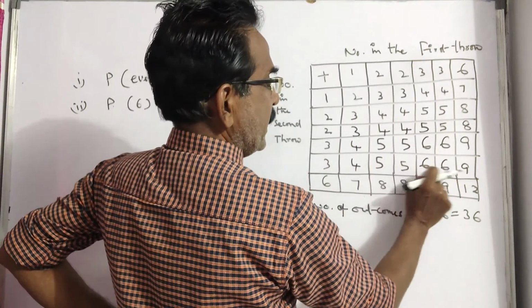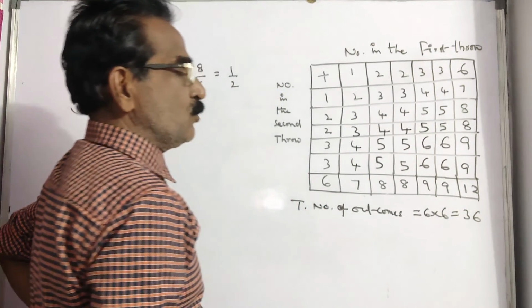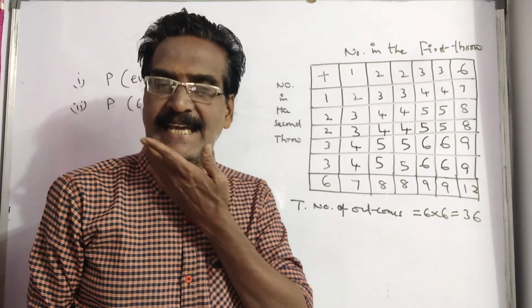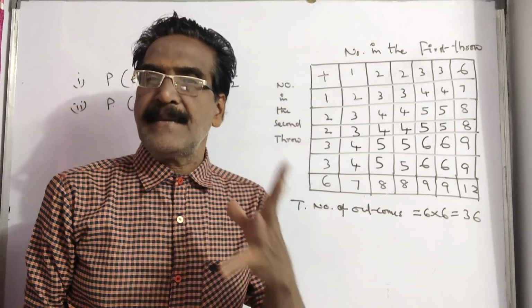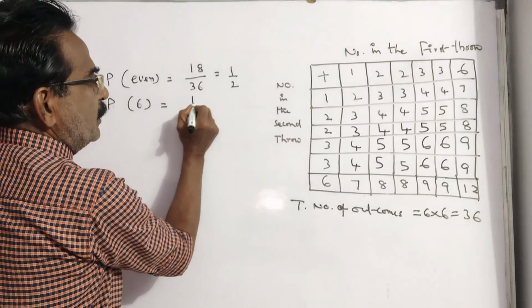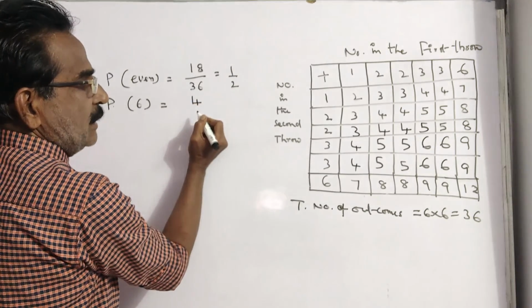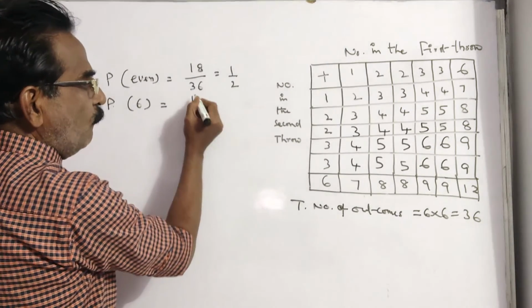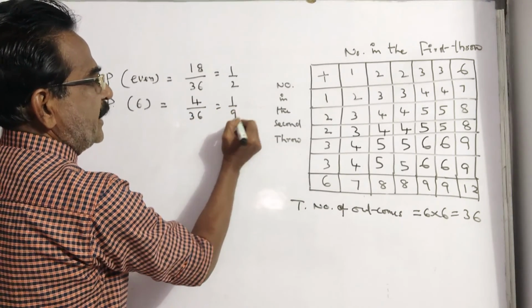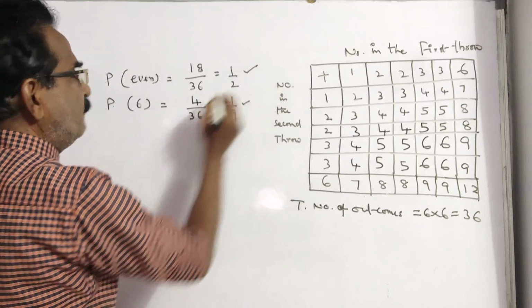Here again 2. So 2 plus 2, 4 outcomes. 4 outcomes are there in which the sum is 6. So favorable outcomes to get the sum 6 is 4. Total number of cases 36. 4 by 36, 1 by 9 is the probability for the second question, friends.